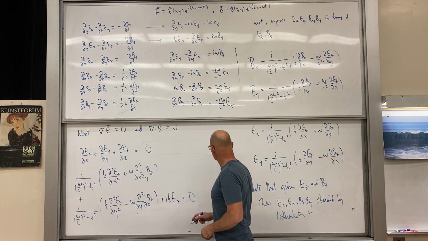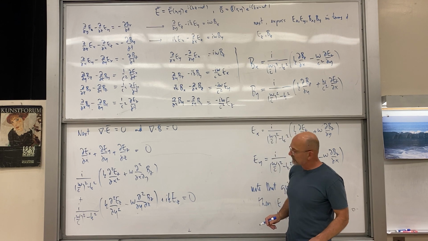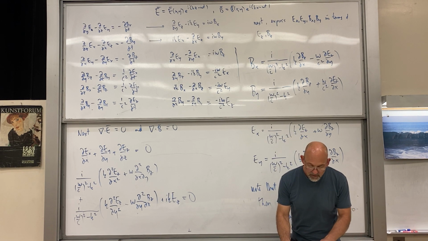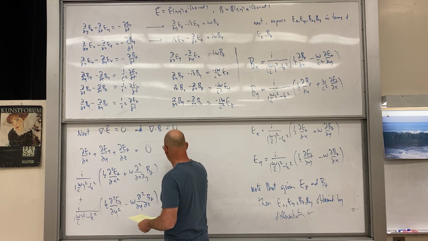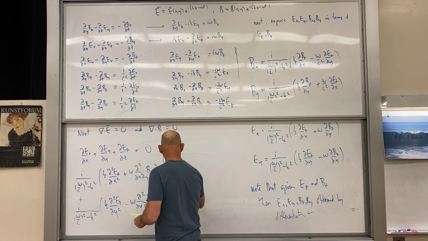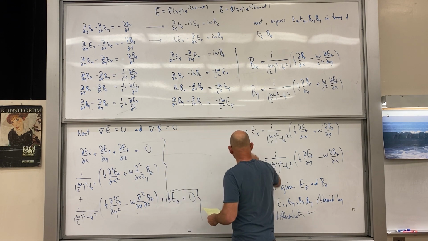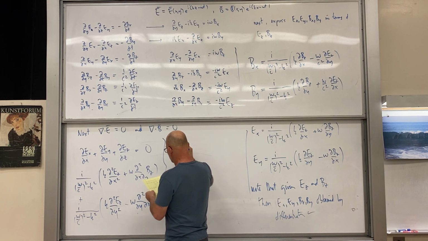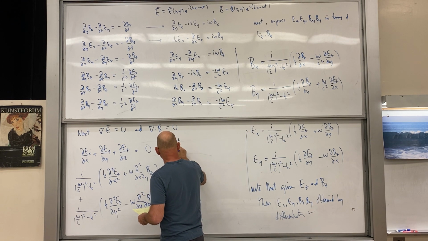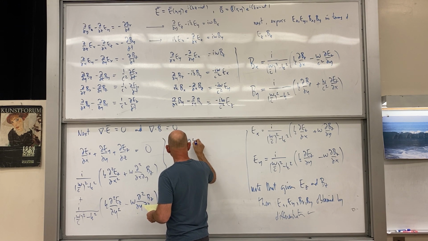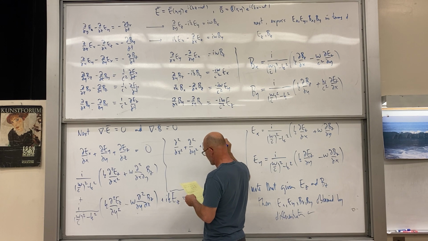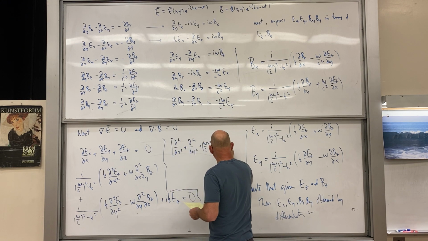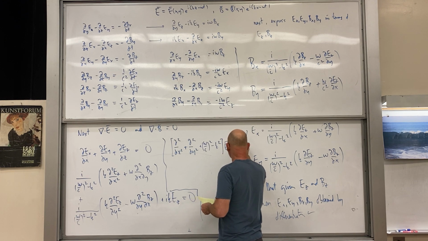These cross terms vanish. So from this right here, we get d squared/dx squared plus d squared/dy squared plus omega over c squared minus k squared, all operating on E sub z is equal to 0.